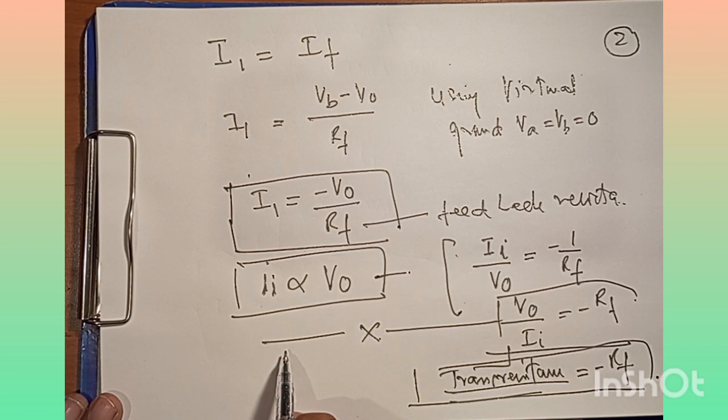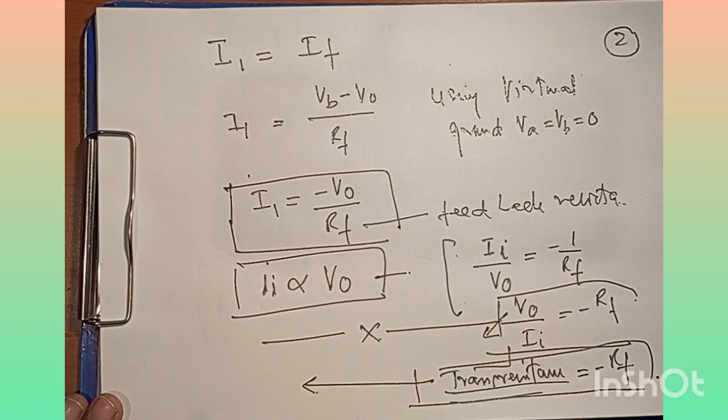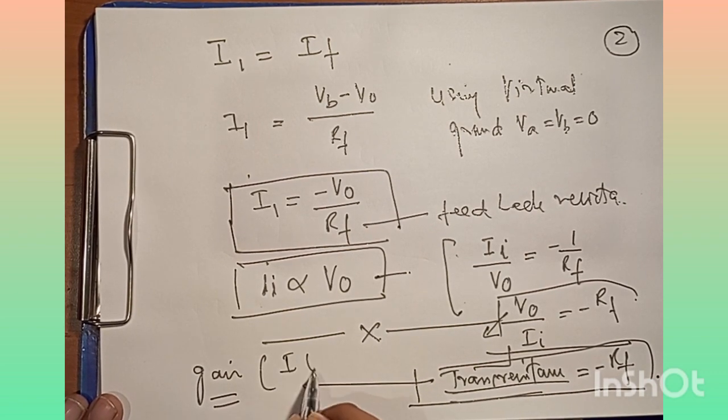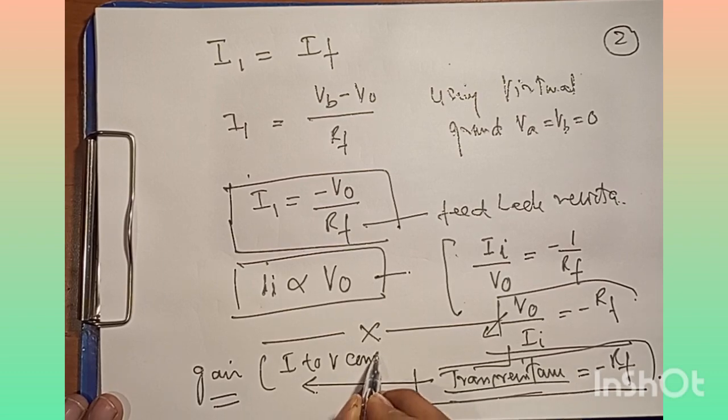We can also interpret this transresistance as the measure of the gain. It's the gain of the I to V converter.